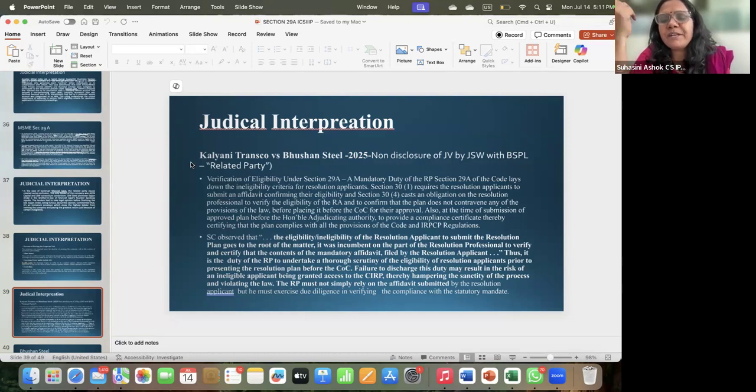So all this will be verified now. If IBBI takes up this case against the RP, they will verify. The RP will have to justify that this compliance certificate was not applicable. So, ensuring every compliance of the Code and regulations, even if there are no specific regulations, the RP has to ensure that he is properly minuting and properly communicating to the COC.